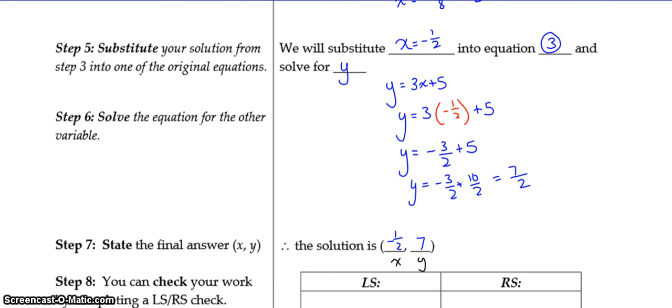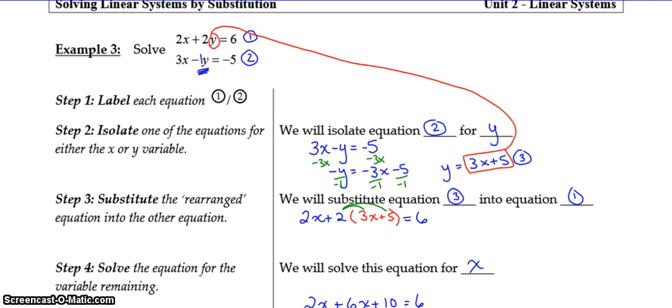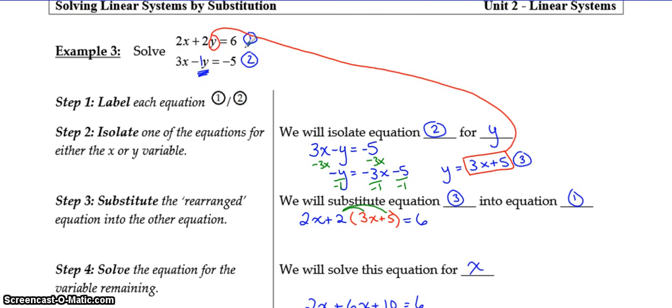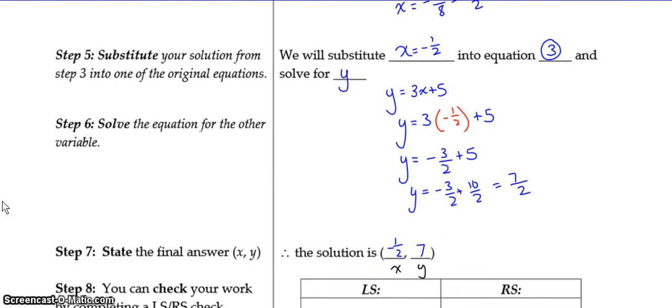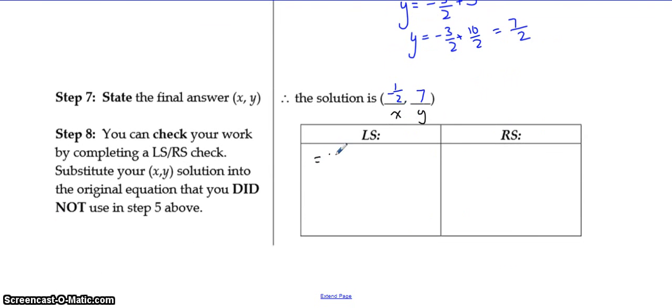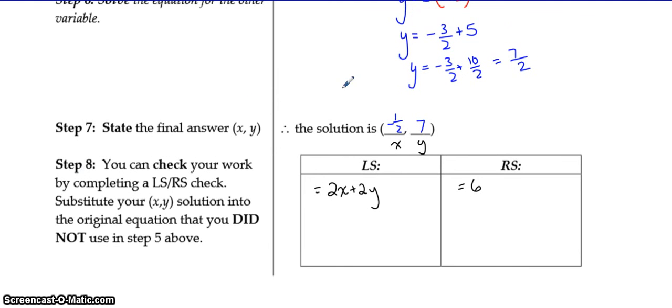To check your work, we're going to substitute that into 2x plus 2y equals 6. So the left side was 2x plus 2y, and the right side was equal to 6. So x was equal to negative 1/2, and y was equal to 7 over 2.